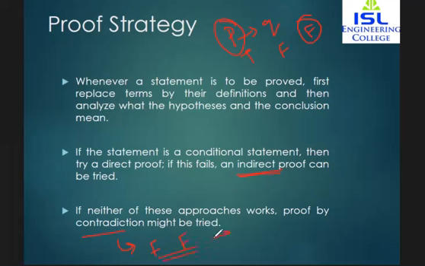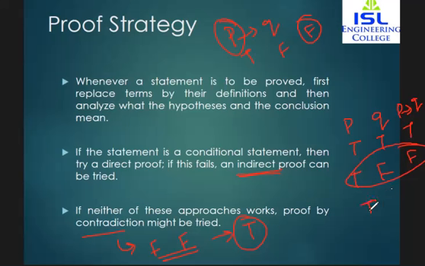If both of them are false, then obviously our actual statement will be true. So this is basically your P implies Q. True, true will result in true, but if your hypothesis is true and conclusion is false, this statement will be false. Then after that, if one of them is false and the other true, and if both of them are false, then also it will be true. So this is your proof by contradiction.